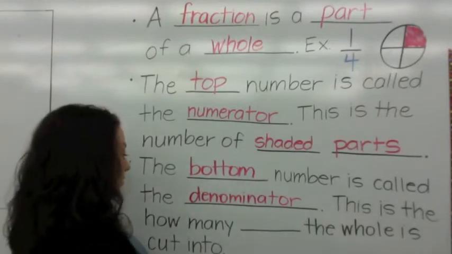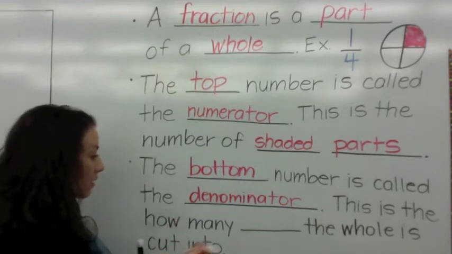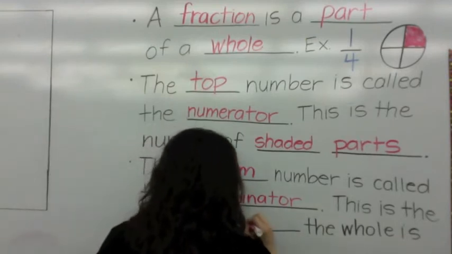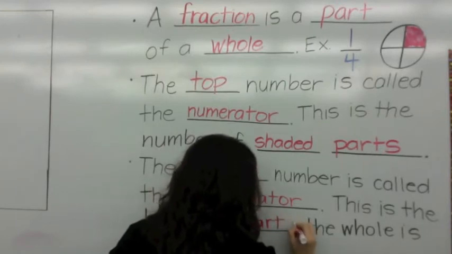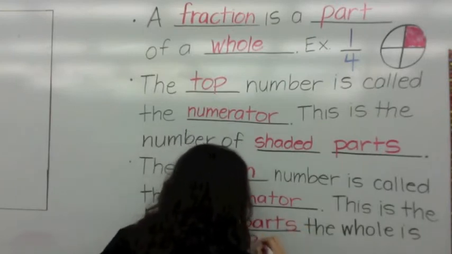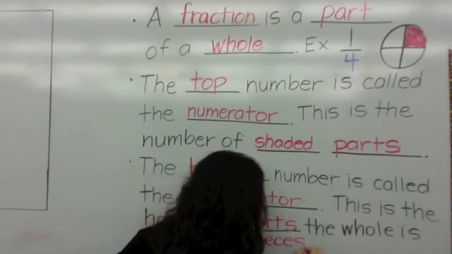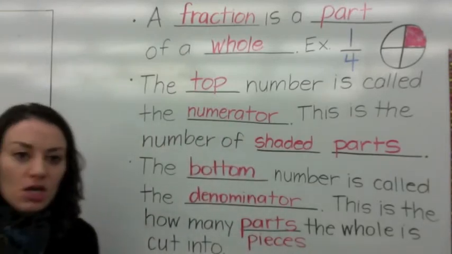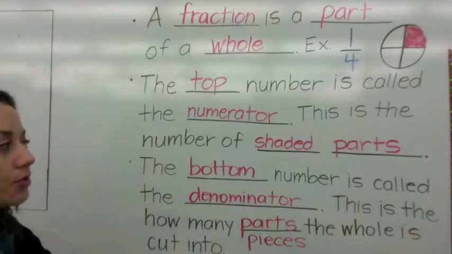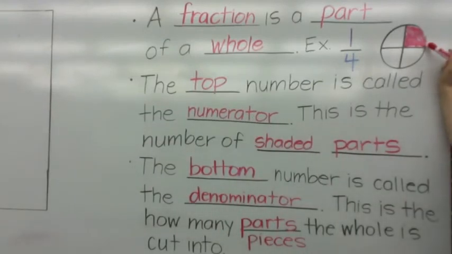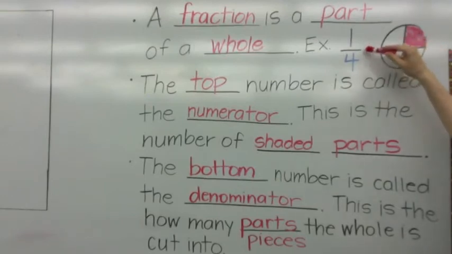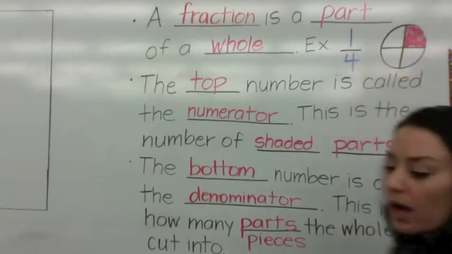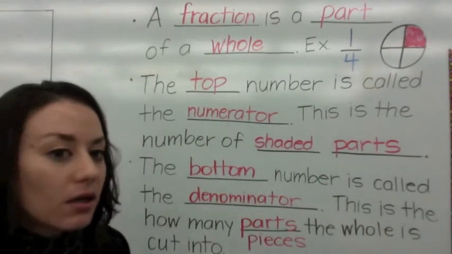The denominator is how many parts. Another word for parts is pieces. The whole is cut into. So for example, I told you that we cut this pizza into how many pieces or how many parts? 1, 2, 3, 4. It's cut in 4. I only shaded 1. So this means 1 out of 4, or 1 divided by 4. We call this fraction 1/4. We call it what? 1/4.